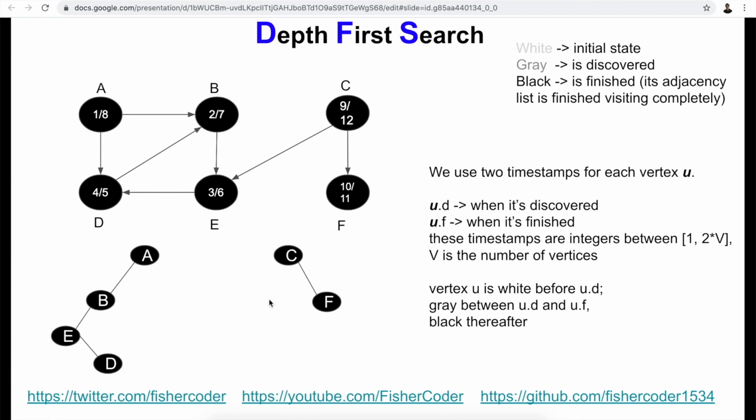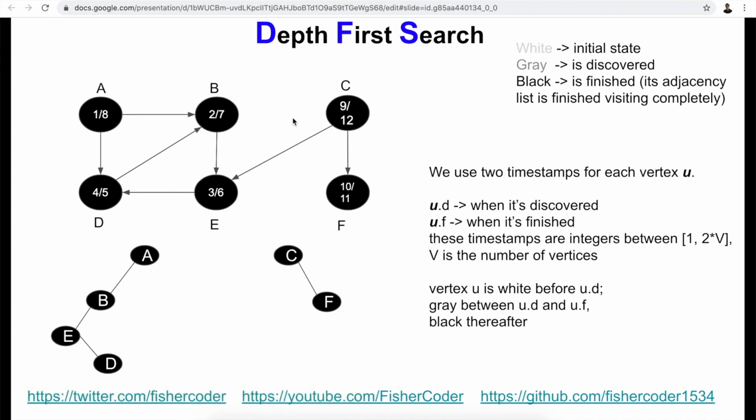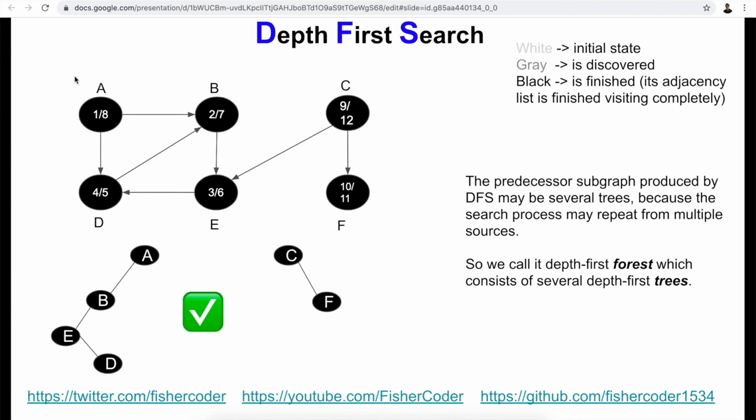In this graph, there are 2 depth first trees, one tree, another tree, right? So after traversing this entire graph using the depth first search approach, we have produced a depth first forest. For the purpose of this demo, we started from 2 nodes. One is A, the other is C, and we use exactly the same process. We'll continue to explore as deep as possible.